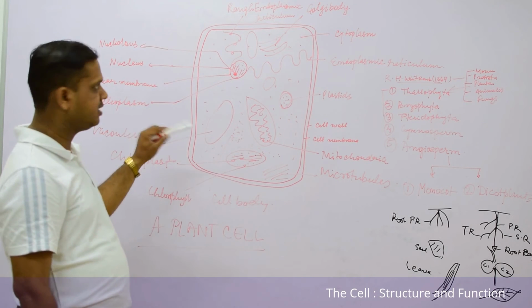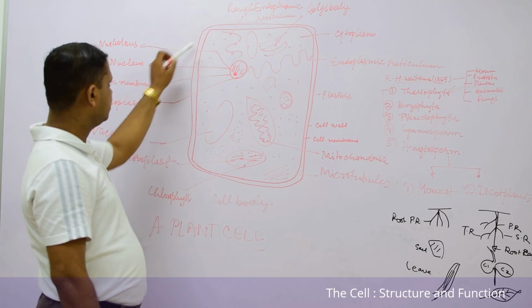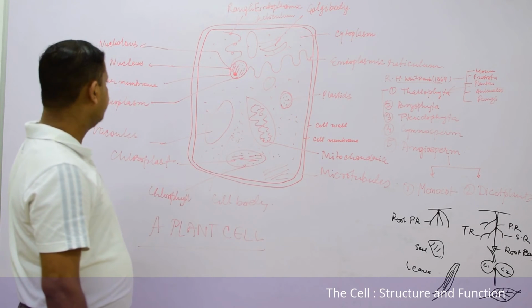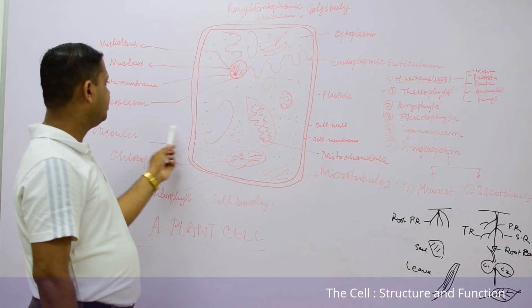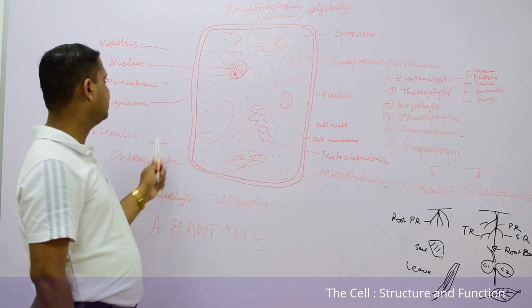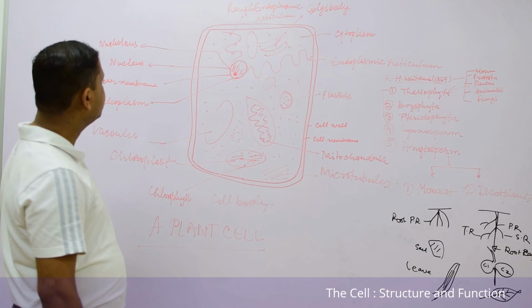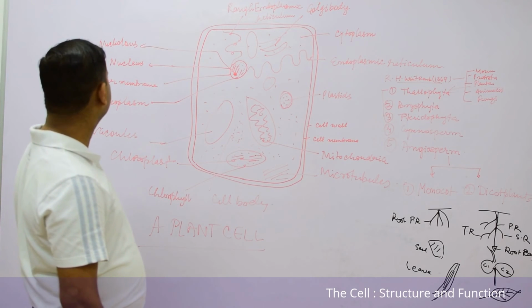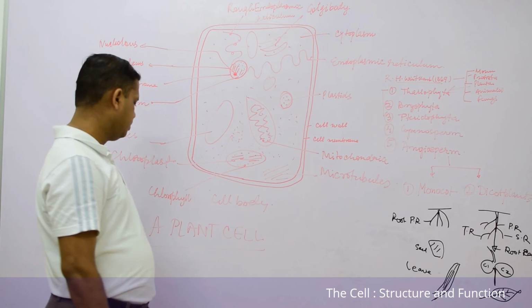Centriole is absent, and the cell wall is present, enclosed by the cell membrane, which is permeable only for favorable conditions like oxygen and water molecules necessary for the cell. They work by diffusion or sometimes osmosis. After this we will talk about the animal cell.